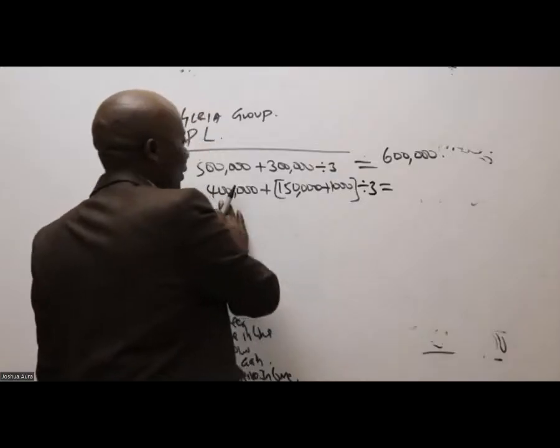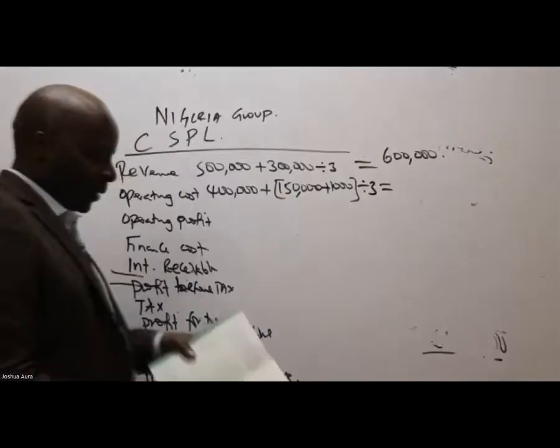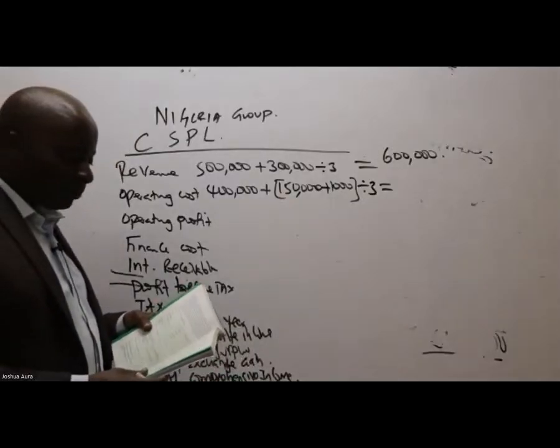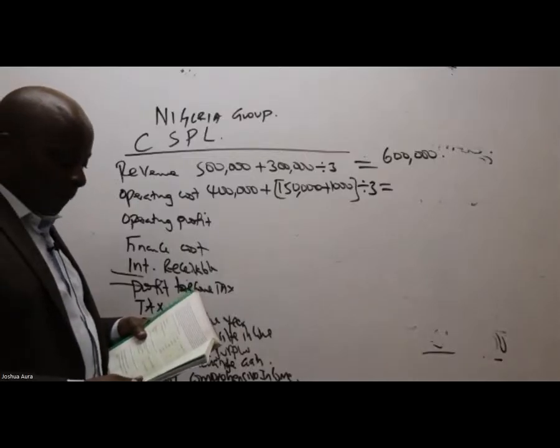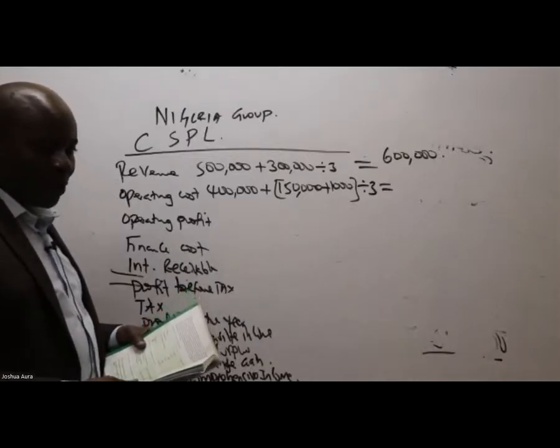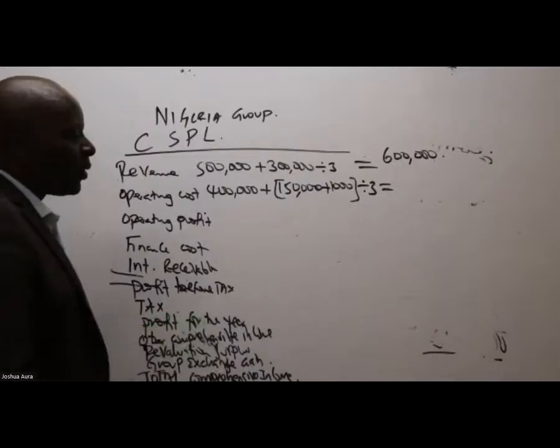So please take 400,000 plus 151,000 divided by 3. Give me a figure to write there. Time is not on our side. Please hurry up.